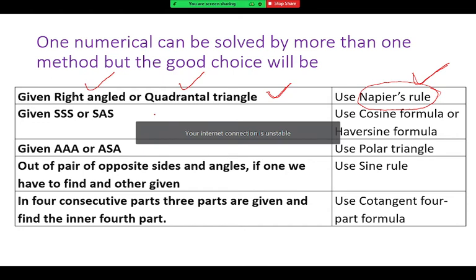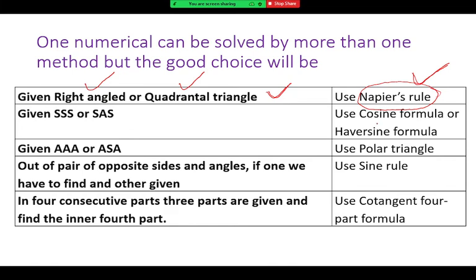Then for triple S and SAS, three sides, we use the cosine rule. Third case, triple A and ASF: we use the polar triangle plus cosine or sine rule.